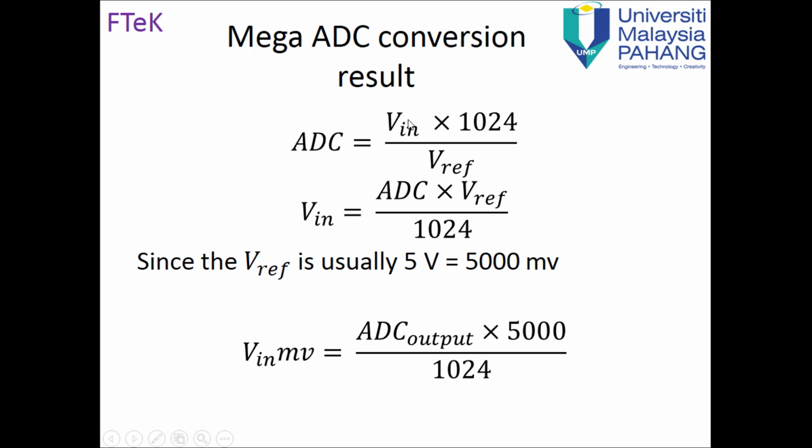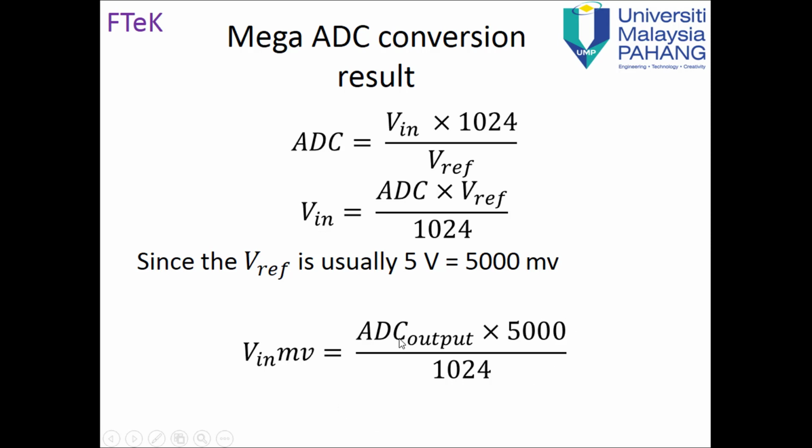We take the Vin, multiply it by 1024, and the result will be stored in ADC. Actually, what we get in our program is the ADC. So to get the Vin, we need to use this equation. As you see here, the V reference is divided by 1024, and then we multiply it by the ADC. This equation will give us the voltage. So this converts back from the ADC value, which is 10-bit, to the voltage.